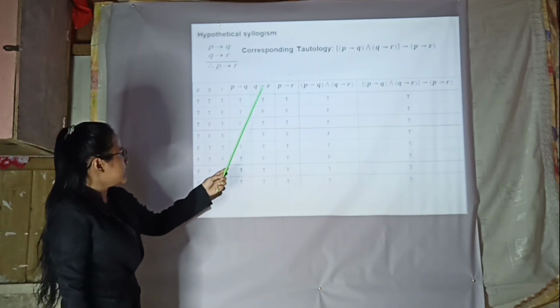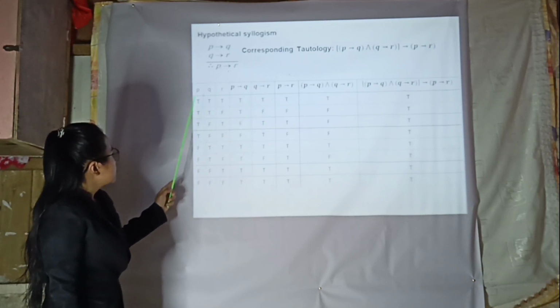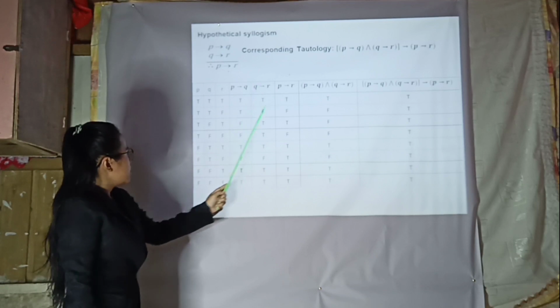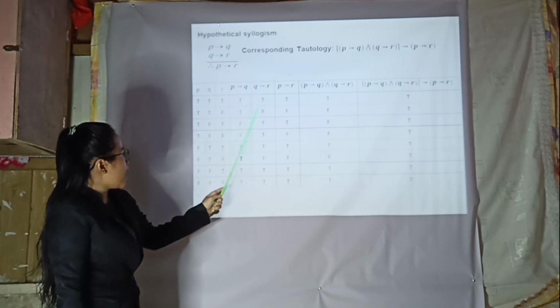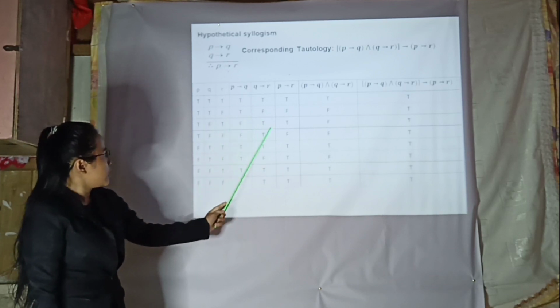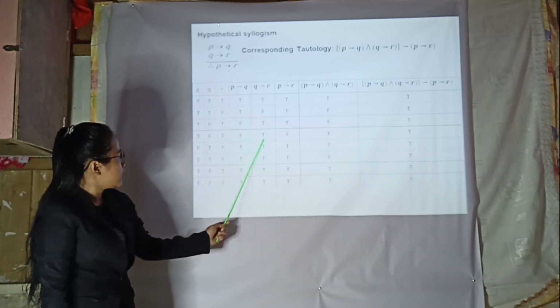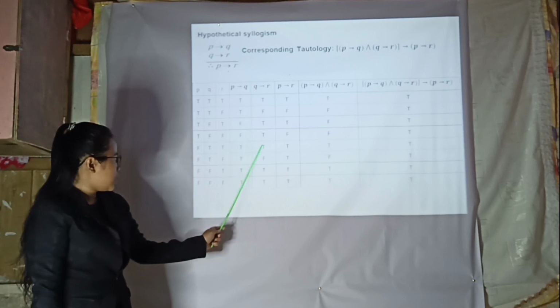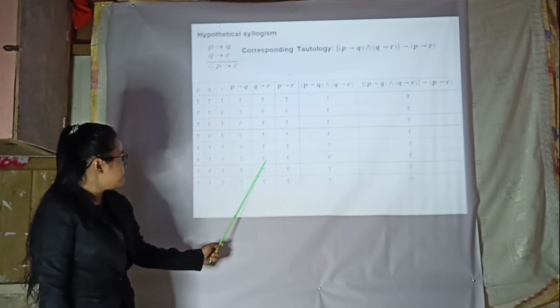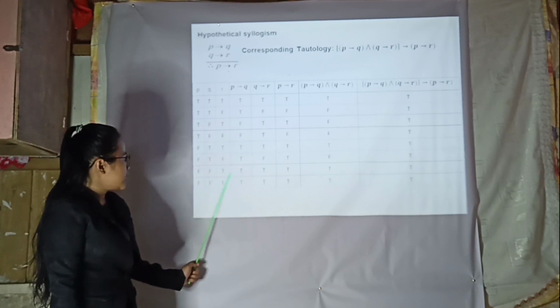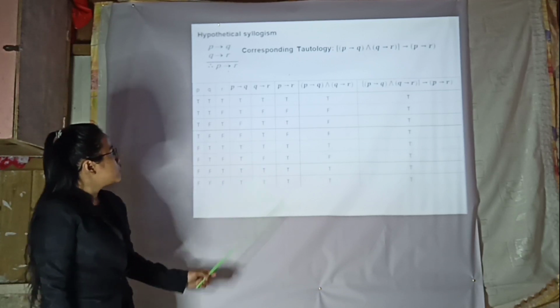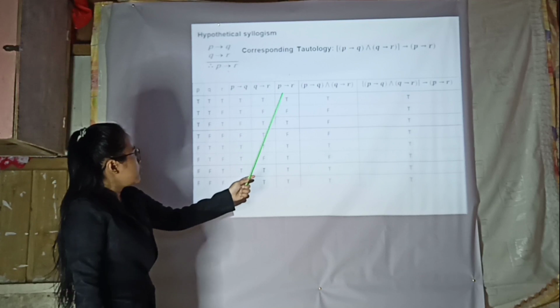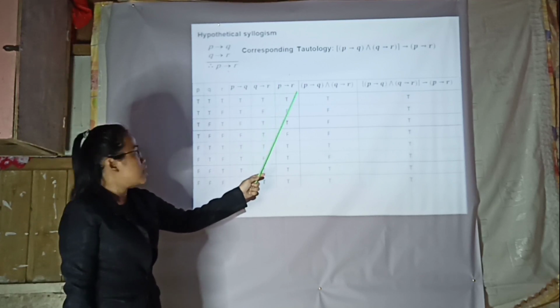If Q, then R. So, T, T, T. T, F, so F. FT is T. FF is T. TT is T. TF is F. FT is true. FF is true. So, if P, then R.